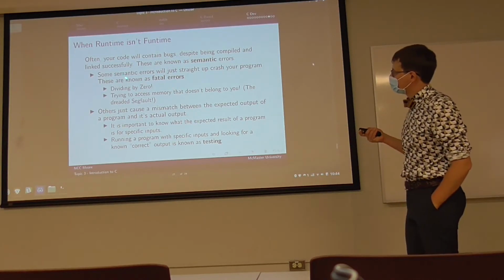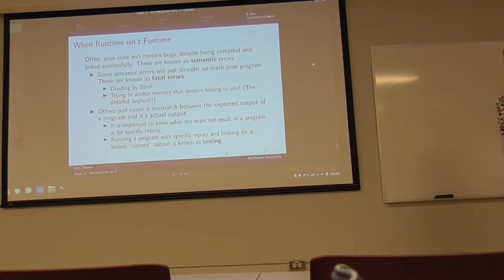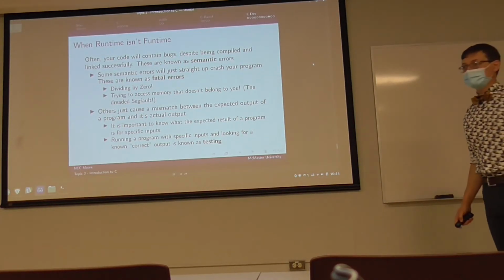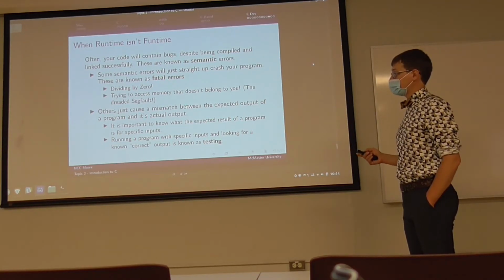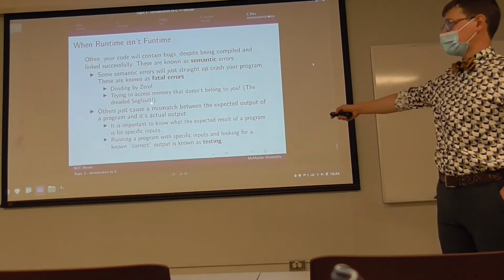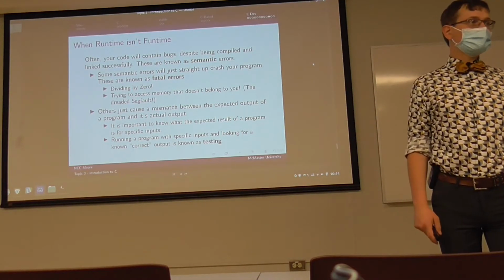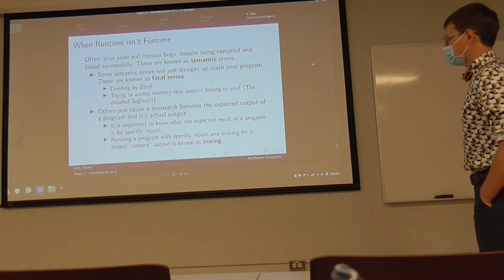Some semantic errors will just straight up crash your program. These are known as fatal errors. Fatal errors include dividing by 0, and trying to access memory that doesn't belong to you, which is known as the segmentation fault. You guys are going to trip many, many segmentation faults in this course, I'm sure.